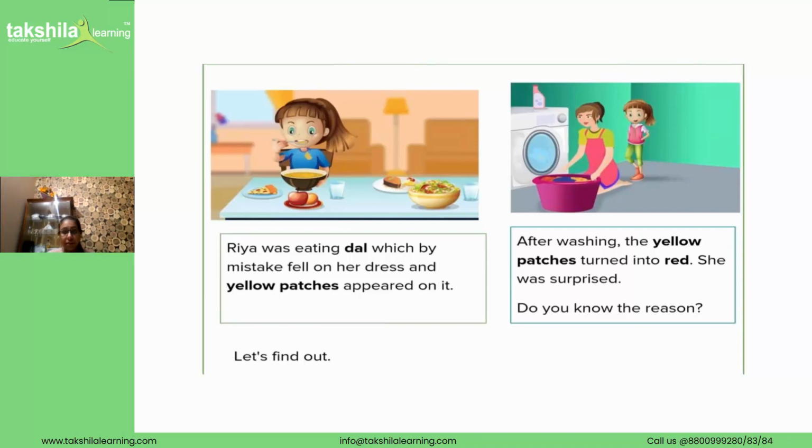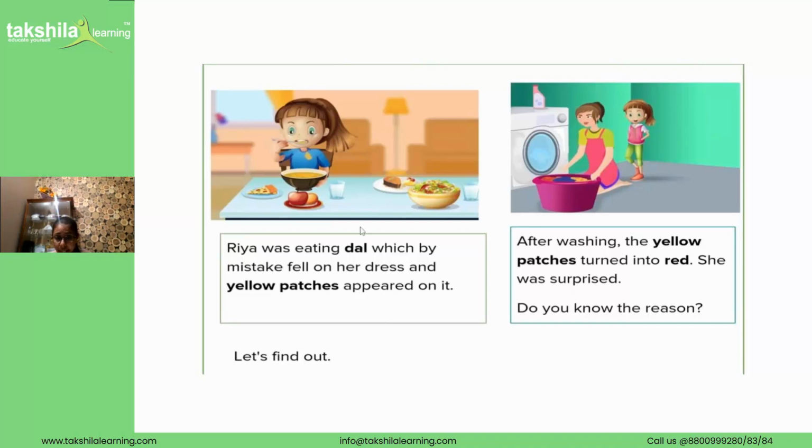As I told you, whenever we use turmeric in a dish, and if by mistake or by coincidence it falls on a cloth, yellow patches appear, right? So the same happens with Ria. She was eating dal and by mistake it fell on her t-shirt, as you can see in the picture, and now the yellow patches are there on her dress and she was really scared that her mother would scold her, right?